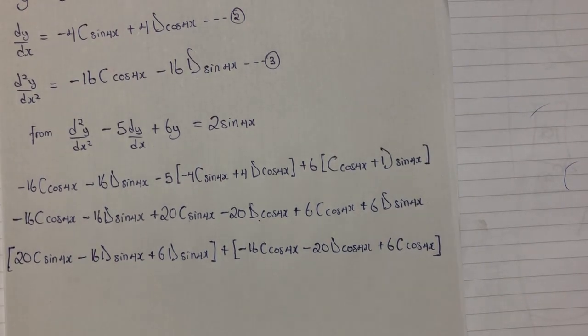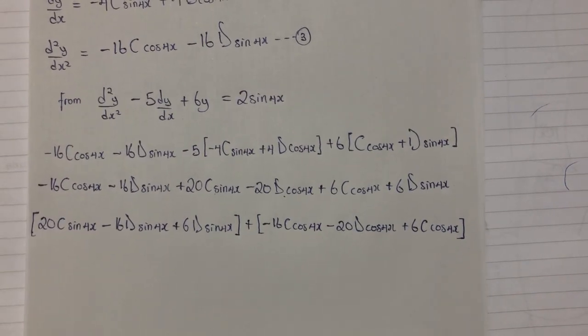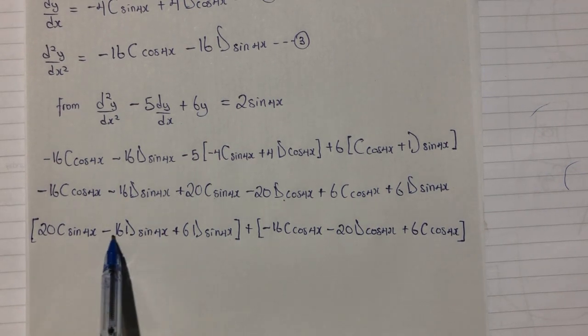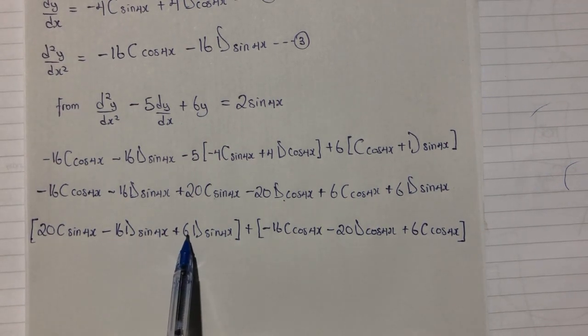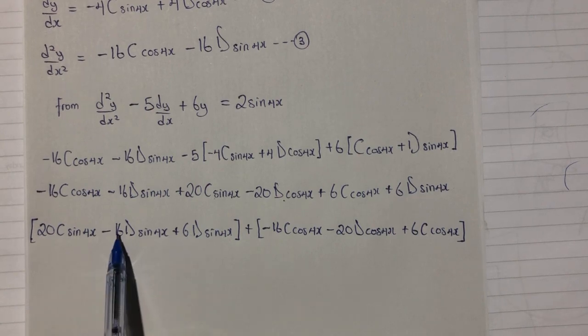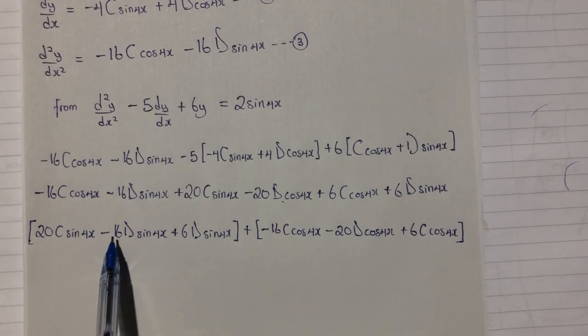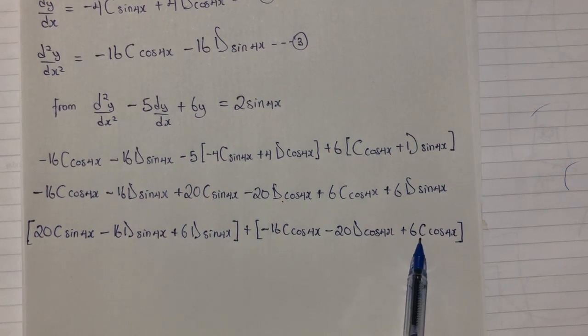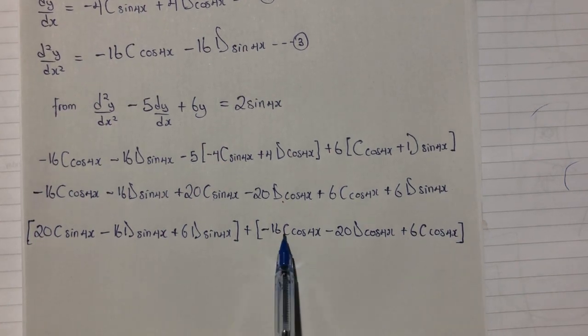So now when you look at this, we can subtract d and d. So we can add 6d to minus 16d, giving us minus 10d, and we can also add 6 and 16c here, giving us what?